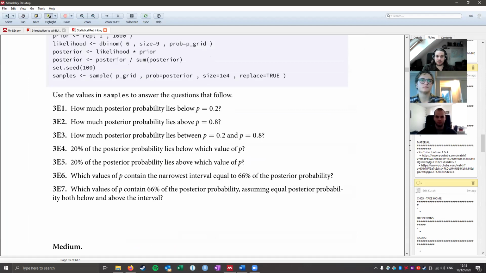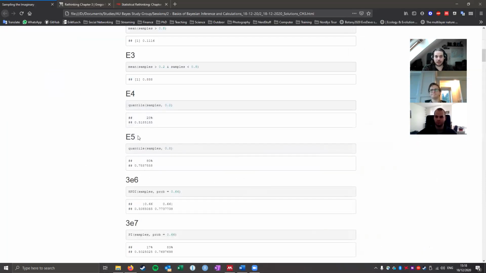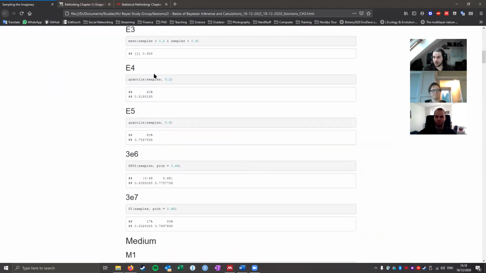Going to E4, 20% of the posterior probability lies below which value of p, and then E5, 20% of the posterior probability lies above which value of p. And for this, we can just use the quantile approach, and we can just say, give me the quantile which contains the first 20% of samples, which then gives us that as a cutoff point of our samples.